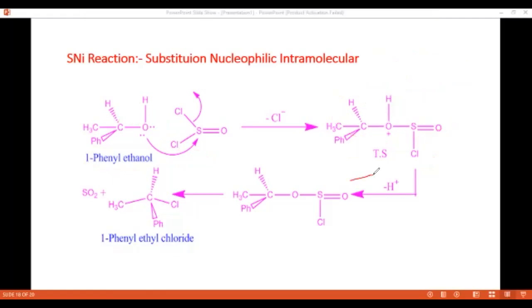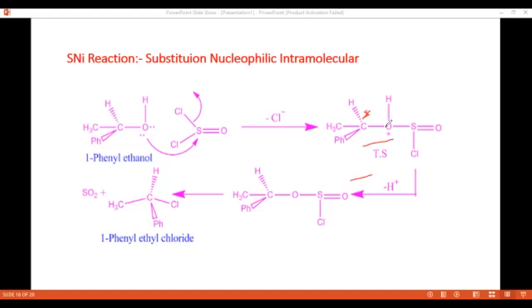The bond between the chiral carbon and the oxygen atom is not broken.